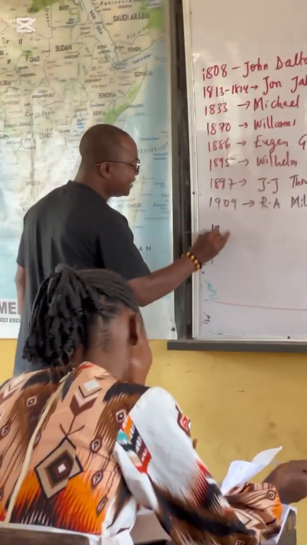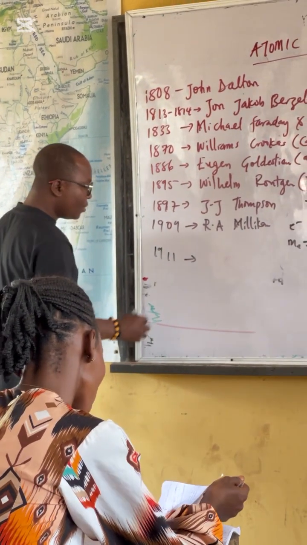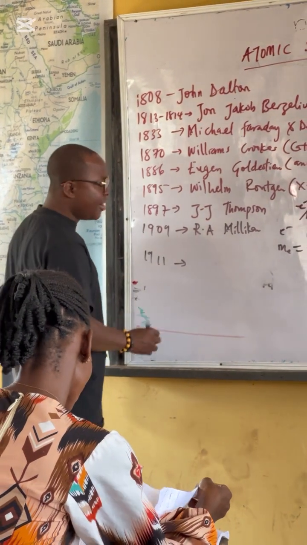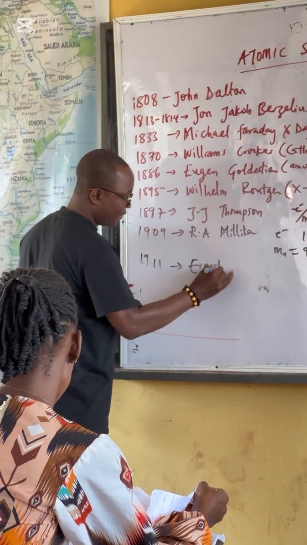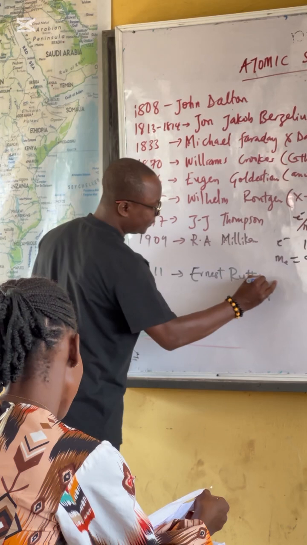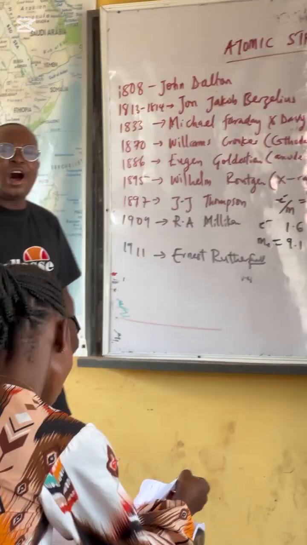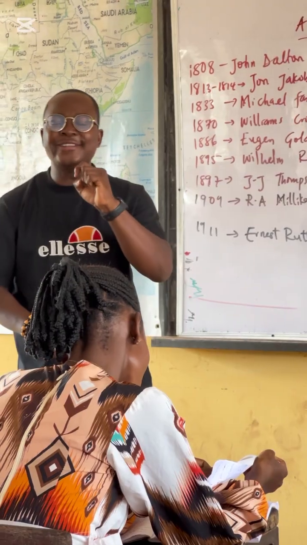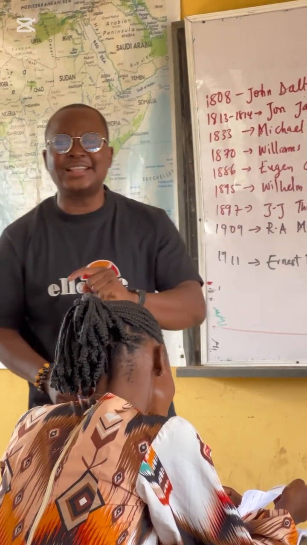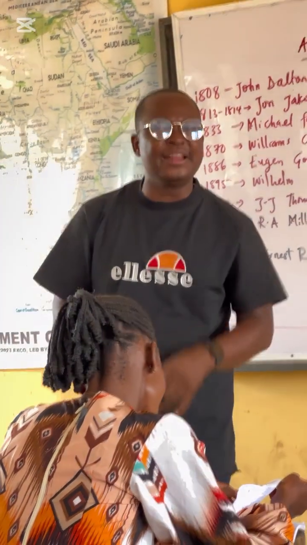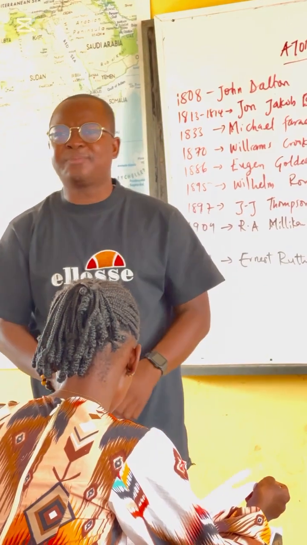Later, in 1911, another scientist known as Ernest Rutherford performed the experiment known as the alpha scattering experiment or gold foil experiment.